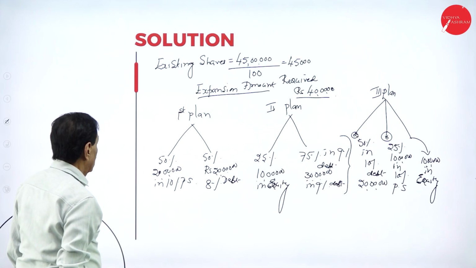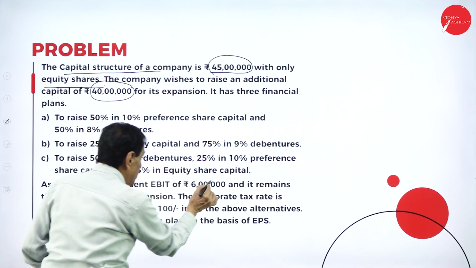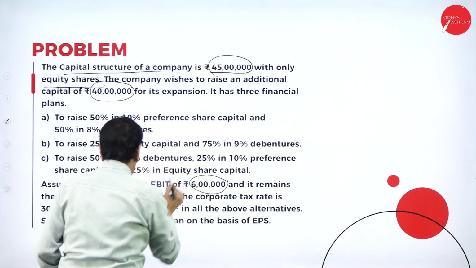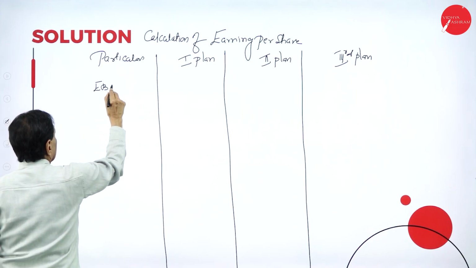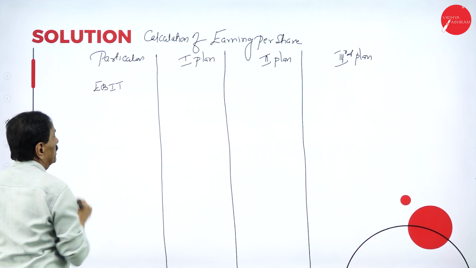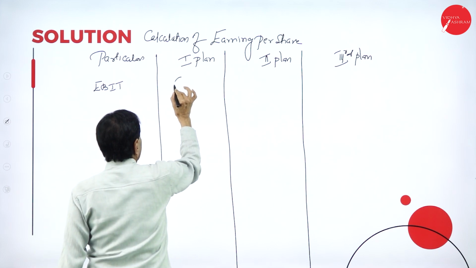What's your EBIT? 6 lakh. Earnings before interest and taxation, 6 lakh.